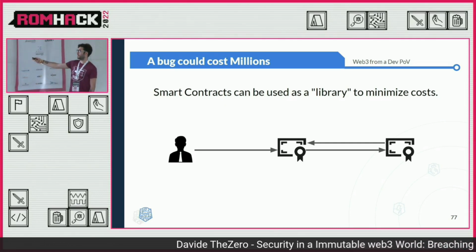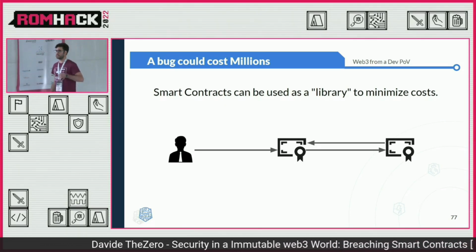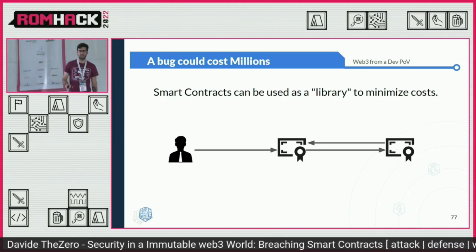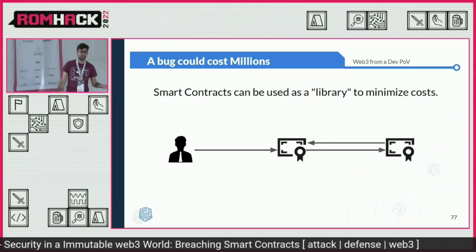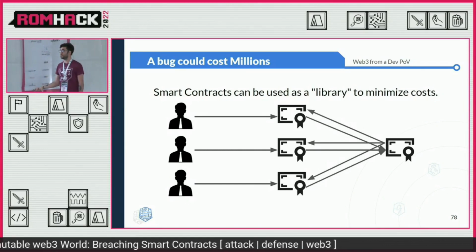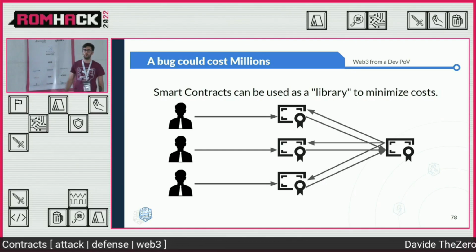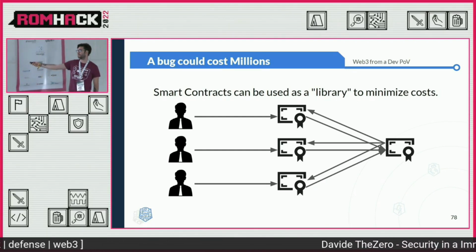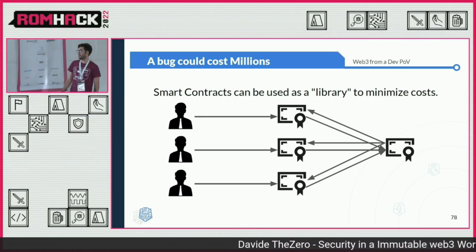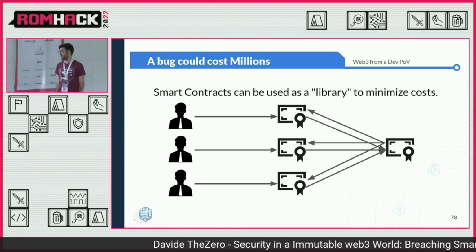And then we have a library contract that is used to implement all the logic so we can minimize the gas cost. And if we have multiple users, each user has a personal contract, and all the personal contracts interact with the same library smart contract.